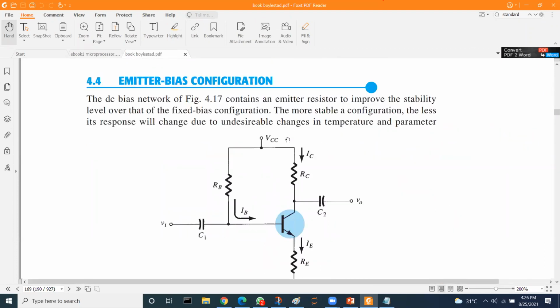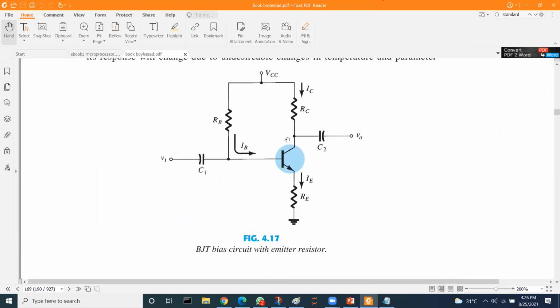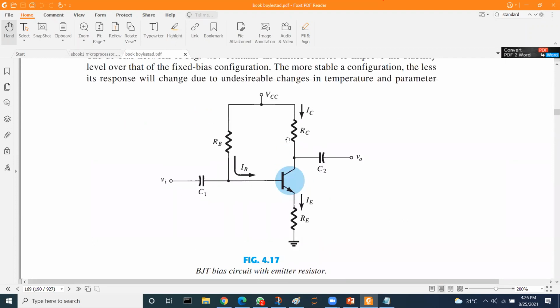Emitter bias configuration. As you can see, the circuit is in front of you, and we use the formulas which are given in the book. We are to find the IB, IC, IE currents, and similarly the potential difference between the collector and the emitter terminal. Okay, so this is the emitter biased circuit.